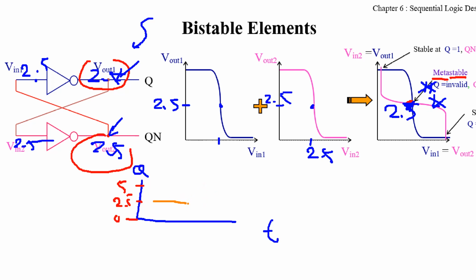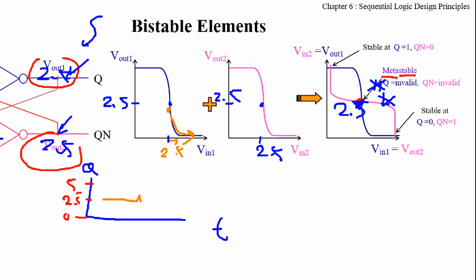If some noise disturbs it and makes this voltage level a little higher, from 2.5 to maybe 2.6, we move to steady at this point.